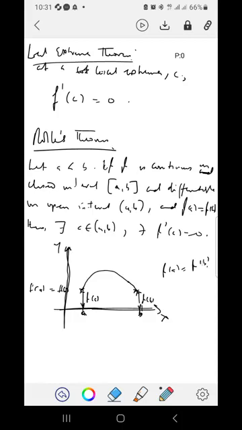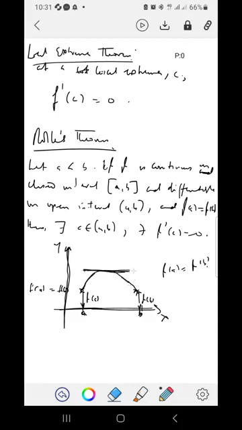According to Rolle's theorem, if that is the case, then there must be a point where the curve goes up, stops going up, and starts coming down. That's what the theorem is saying.